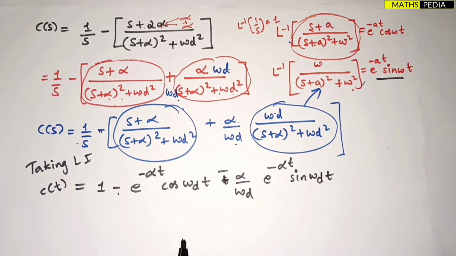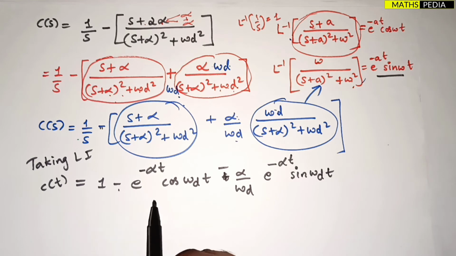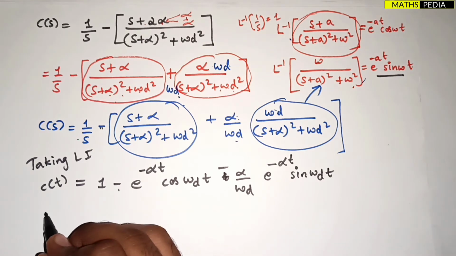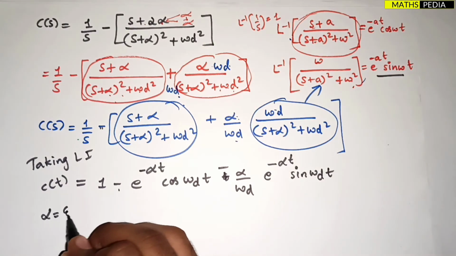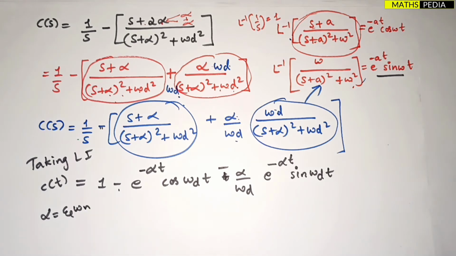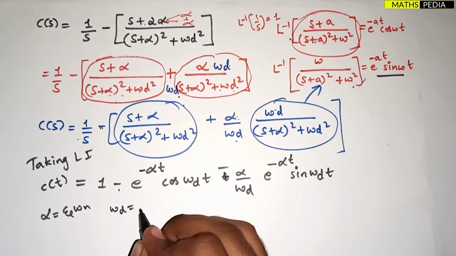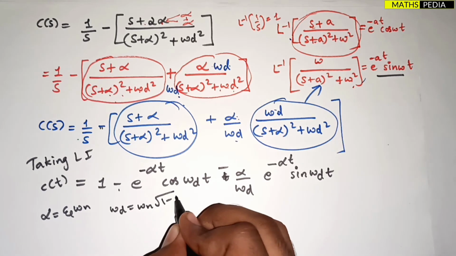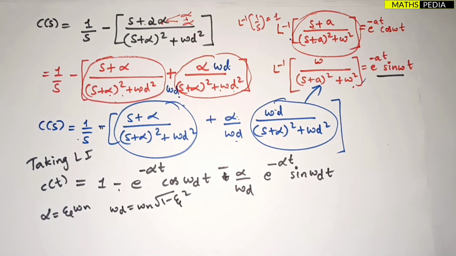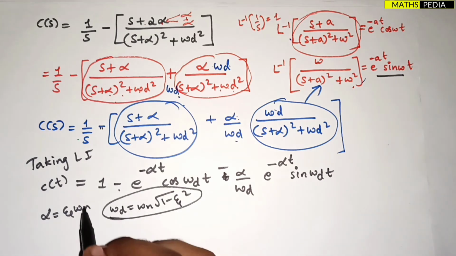Now here again the same logic you have to apply. Alpha is equal to zeta omega n, correct? And one more thing, we assume omega d is nothing but omega n into root of 1 minus zeta square. These two things you have to apply here.